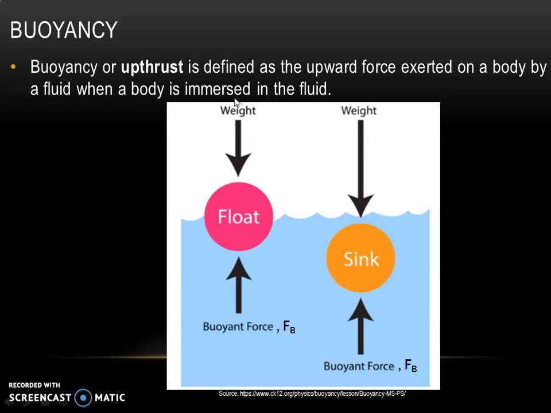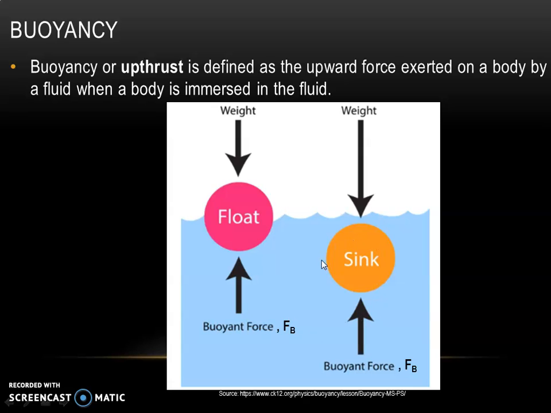So the force acting on the object which is immersed in water in the downward direction is weight, and the force which is acting in the upward direction is called the buoyant force, which is referred to by the term Fb.